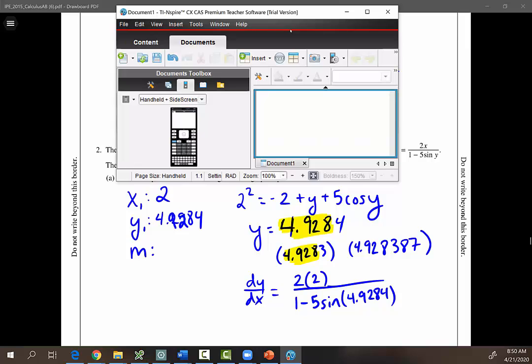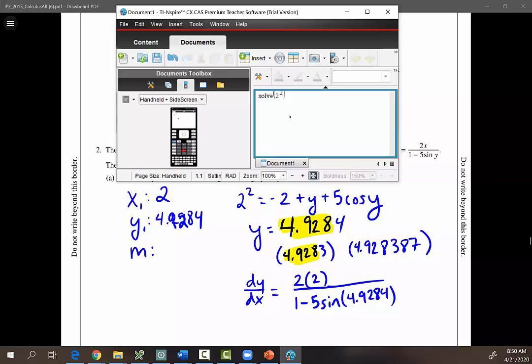One thing I do want to make sure we're good on with the calculator is that when we do the solve button, 2 squared equals -2 plus y plus 5 cosine of y for that first question, and then comma y. You put all of that in the exponent.